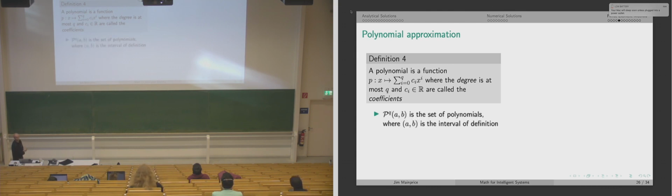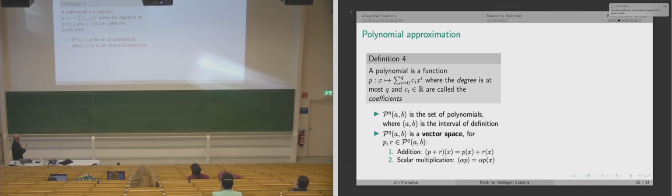I mean, you all know that. So that's how we write down the set of polynomials, where Q is the order of the polynomial, and then a and b are the bounds of the interval of definition of the polynomial.